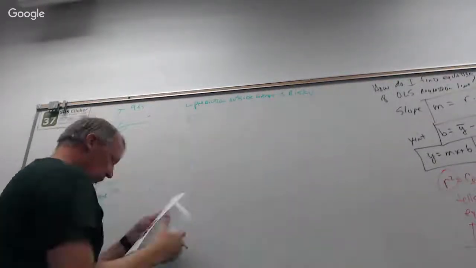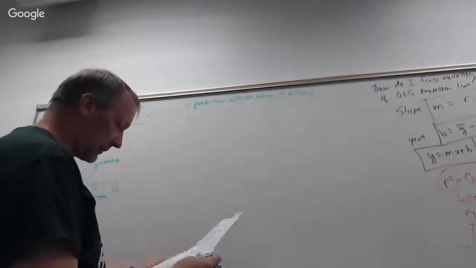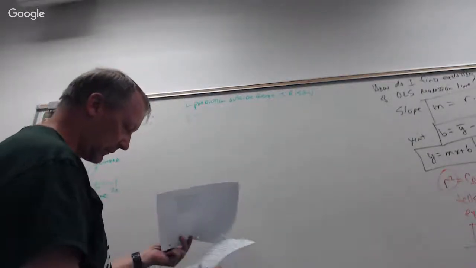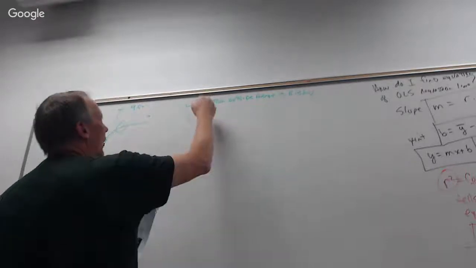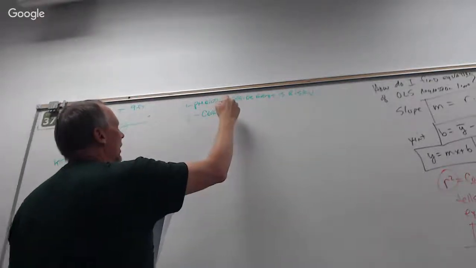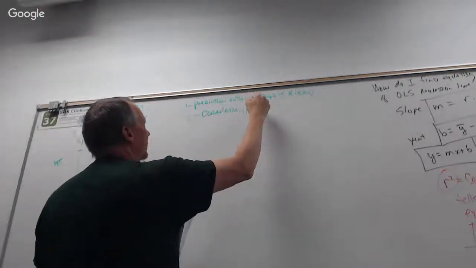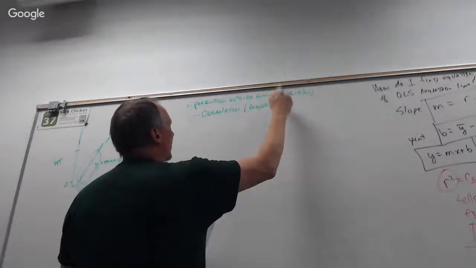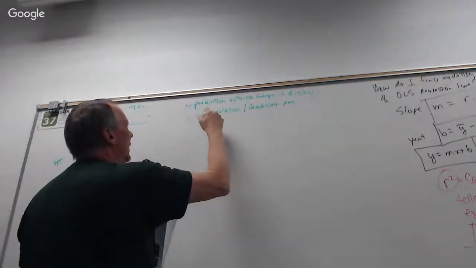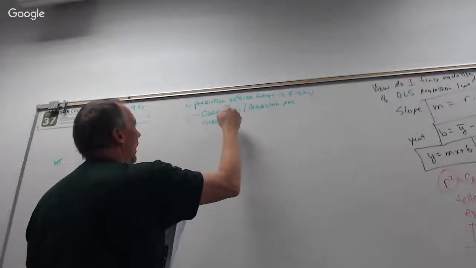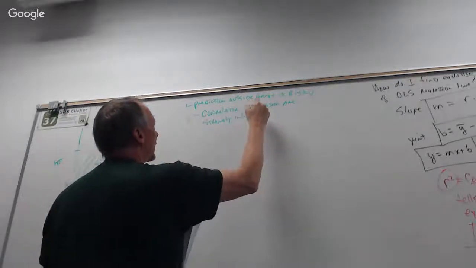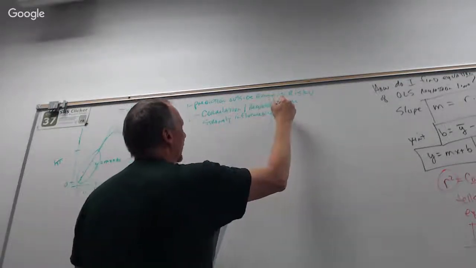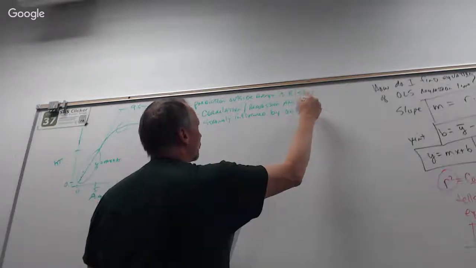Number 2, correlation and regression are strongly influenced by outliers.